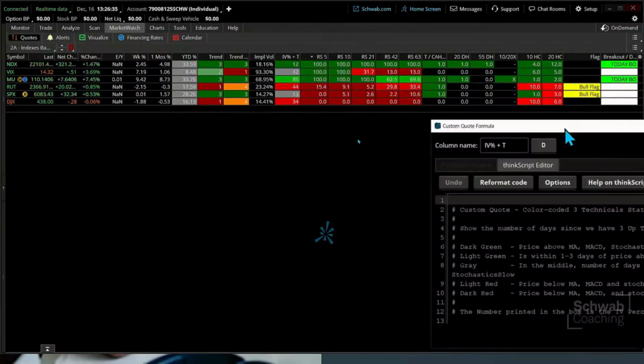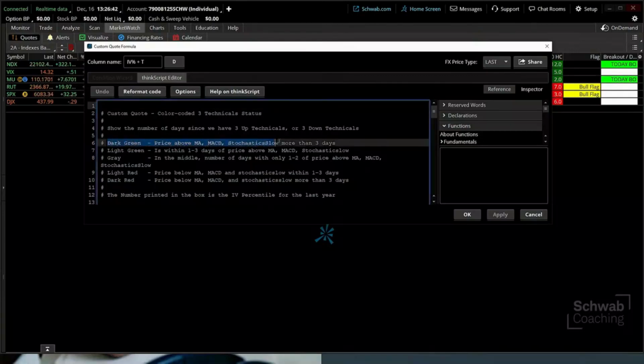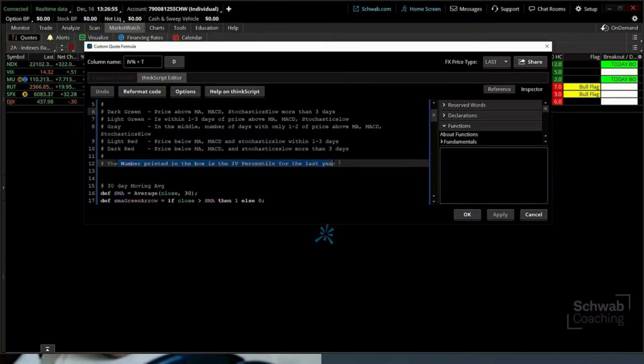And if I read this, it's going to say right at the top, dark green, price above moving average, MACD, stochastics, more than 3 days. All right. So that's why it's doing that. And if you said, well, James, I don't really know what the number printed in the IV box is, that is the IV percentile for the last year.